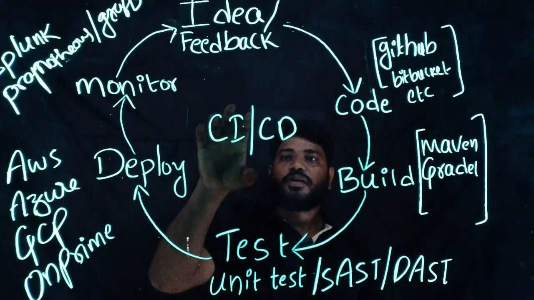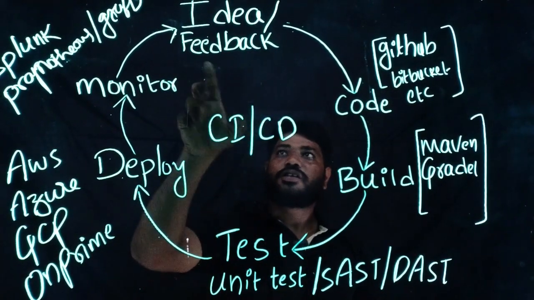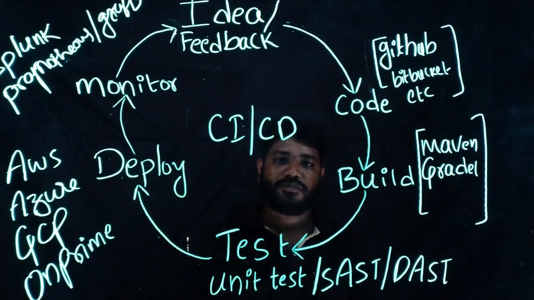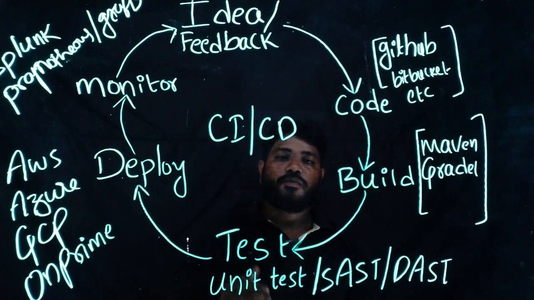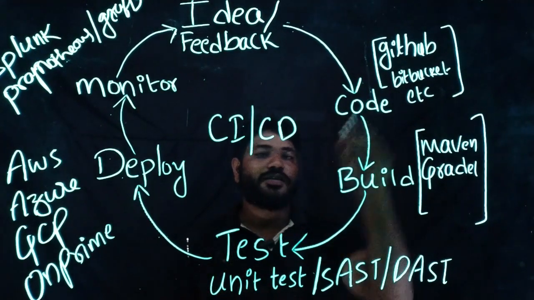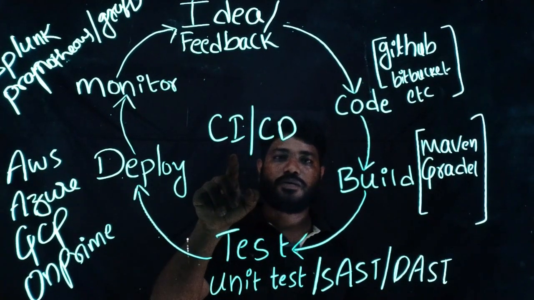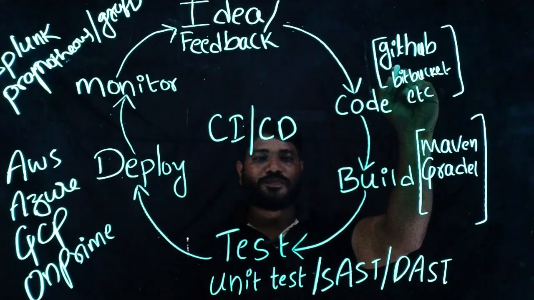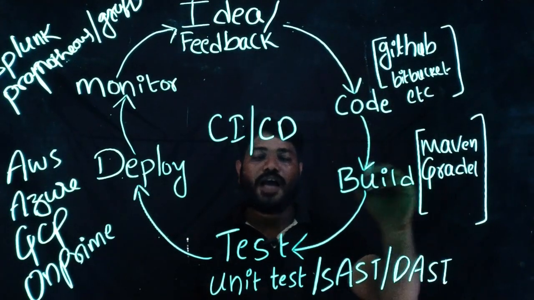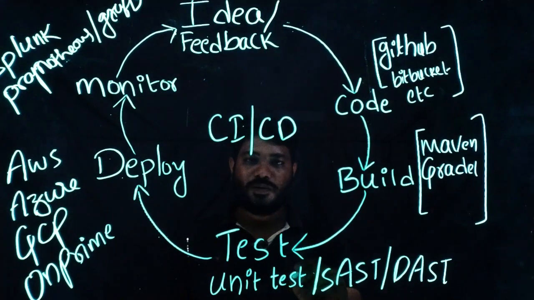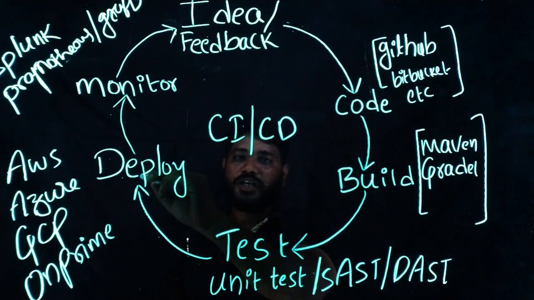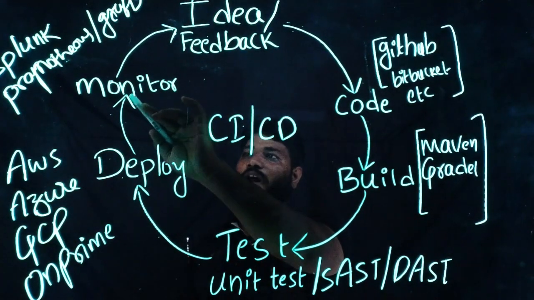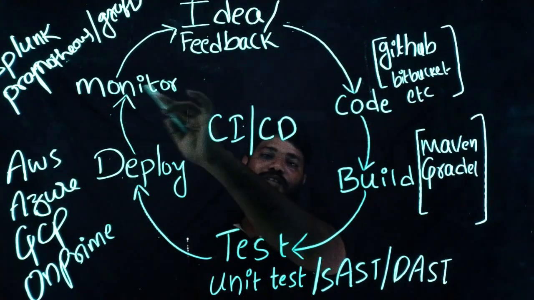This tool is going to take care of all these components and automate them. We have our source code placed in GitHub. This CI/CD tool, take Jenkins as an example, takes the code from GitHub and builds it with Maven, tests it with SAST and DAST tools, and deploys it into the target environment, and you get the feedback from the monitoring tools, Splunk and Prometheus Grafana.